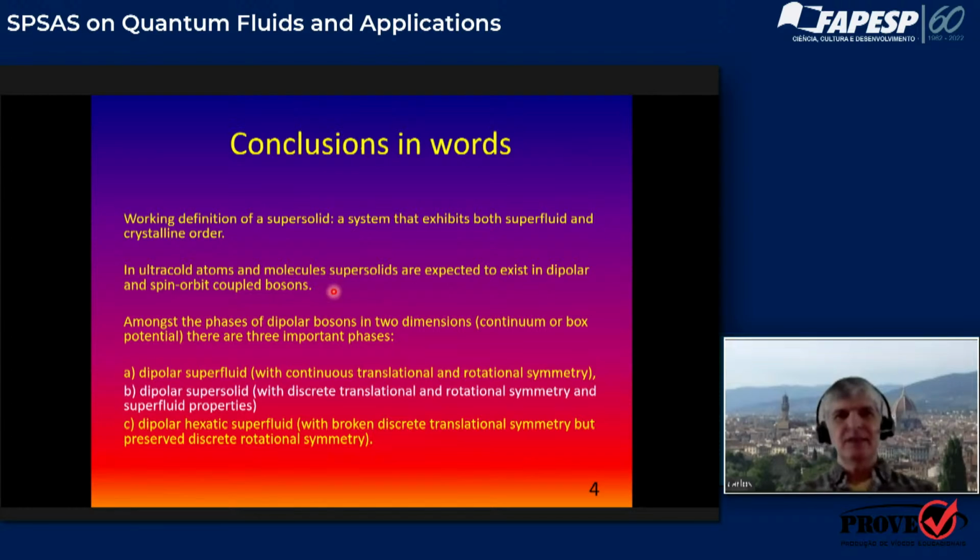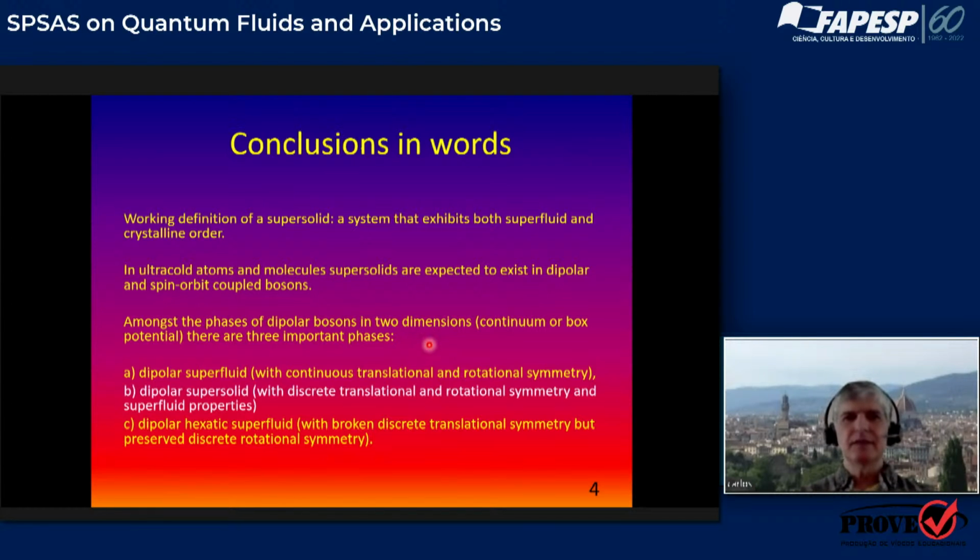And then I will discuss in the lectures that ultra-cold atoms and molecules can have supersolid phases, in particular for systems involving dipolar or spin orbit coupled bosons. So systems that have a dipole moment, electric or magnetic, or where you can introduce an artificial spin orbit coupled system, can exhibit these phases.